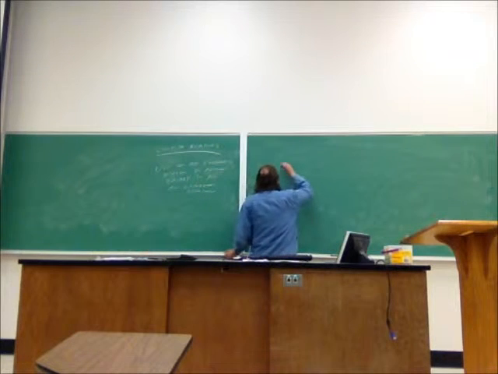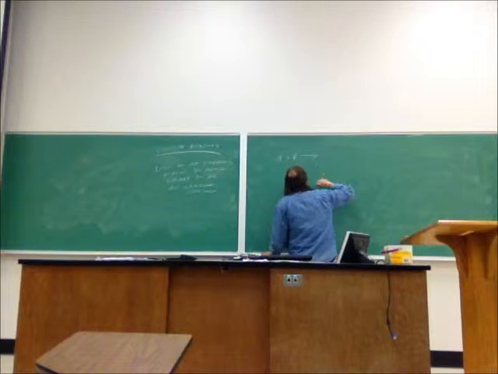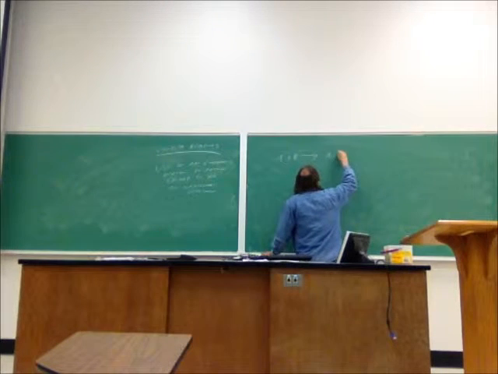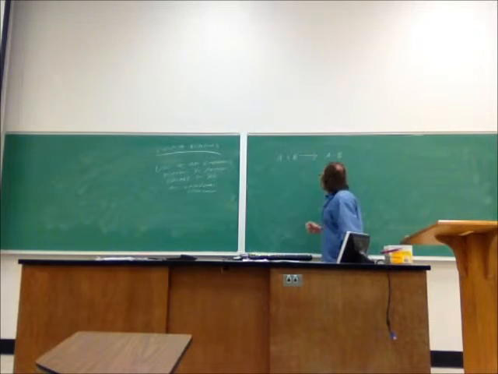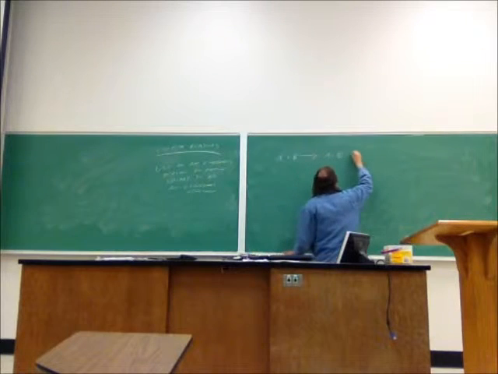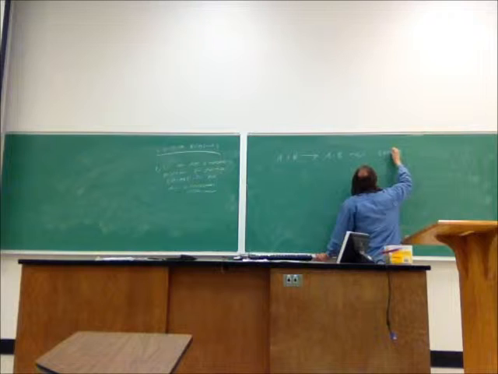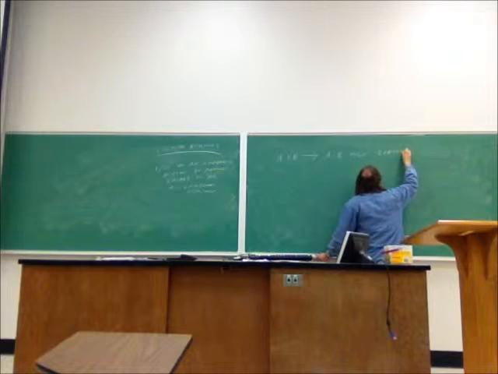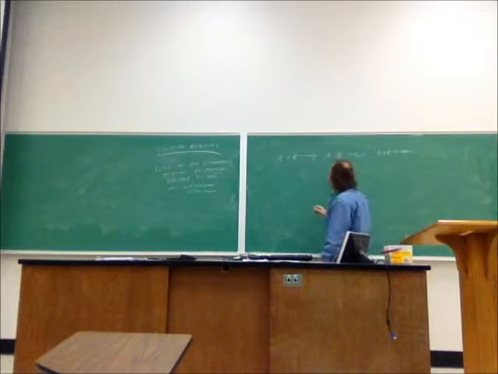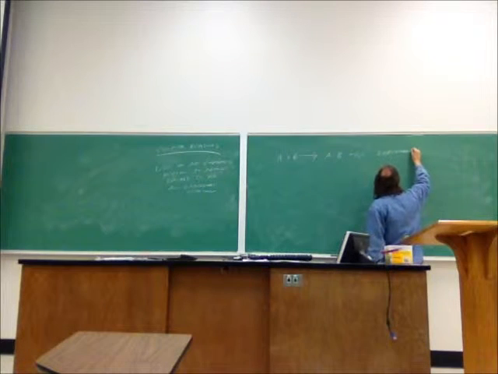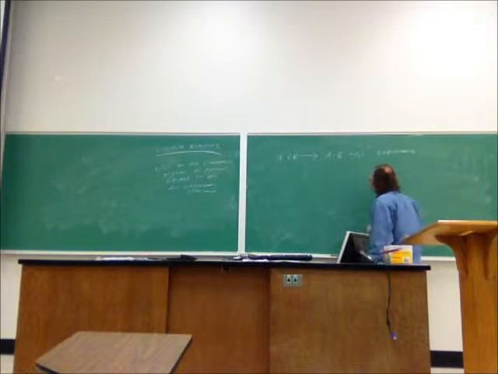Okay, let's say what we want to do is take A and B, whatever they are, and join them together to make a polymer. I'm not showing the details on that, but it's an endergonic condensation reaction.